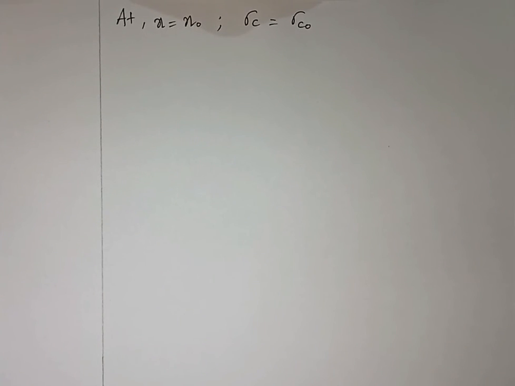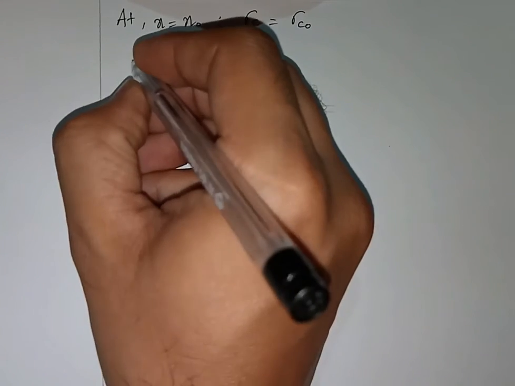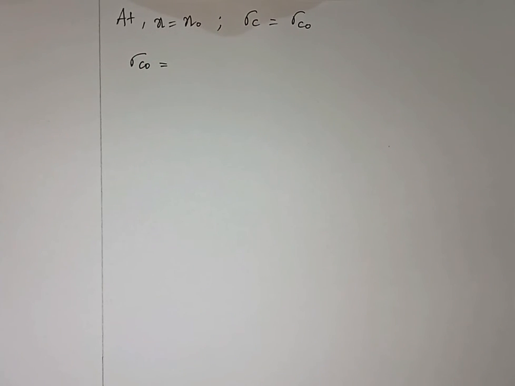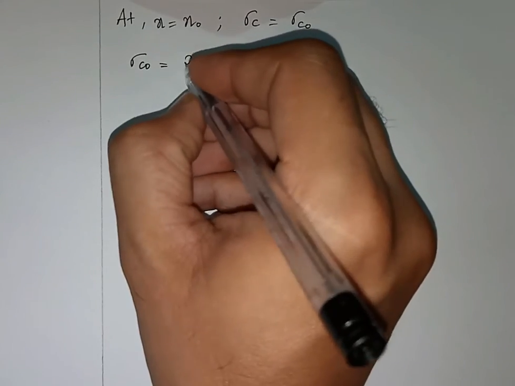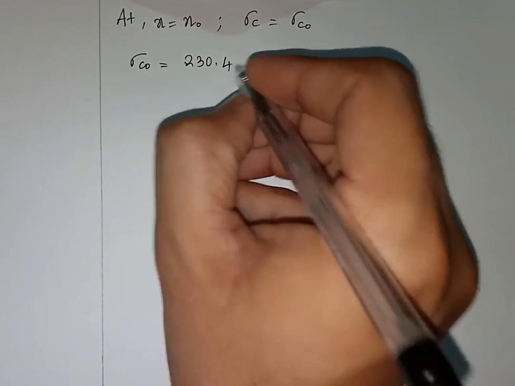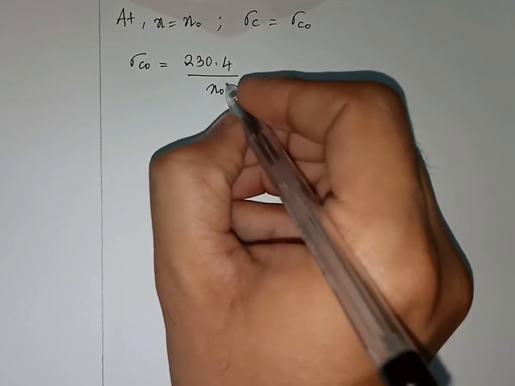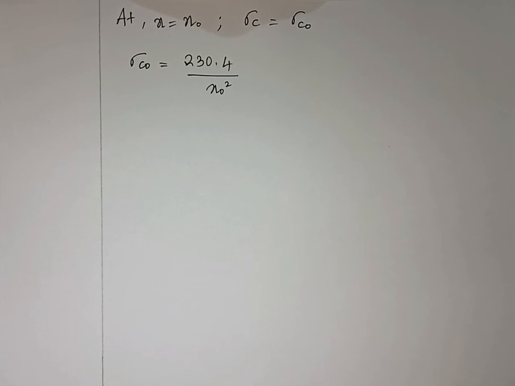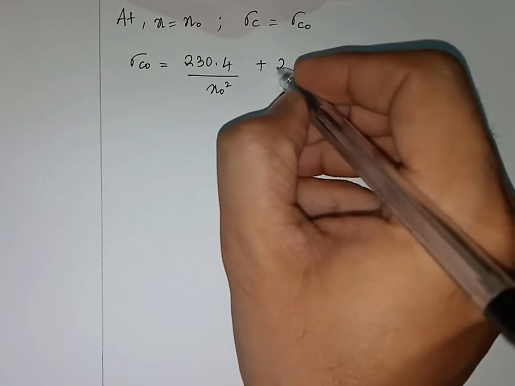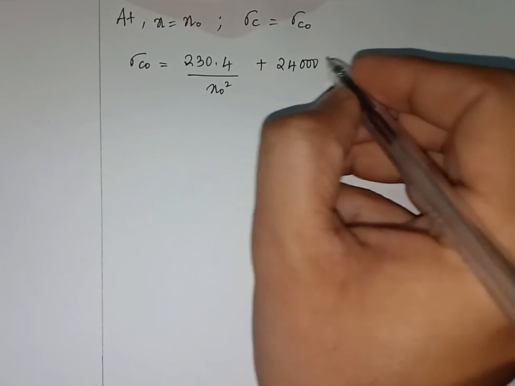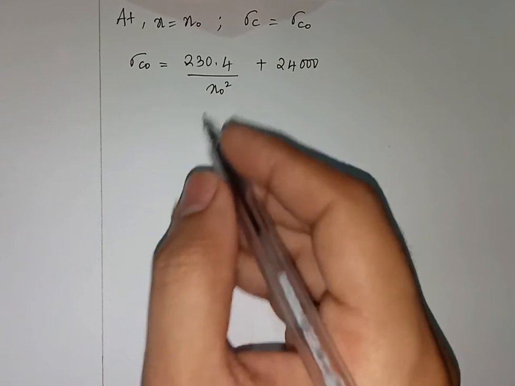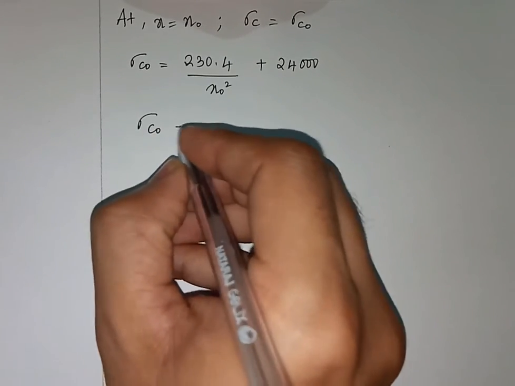And so if I substitute the values in the equation, I'll be getting sigma C naught will be equal to 230.4 divided by x naught square plus 24,000, right? So you know the value of x naught, substitute that.